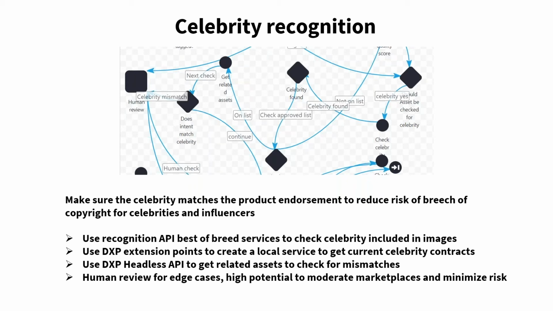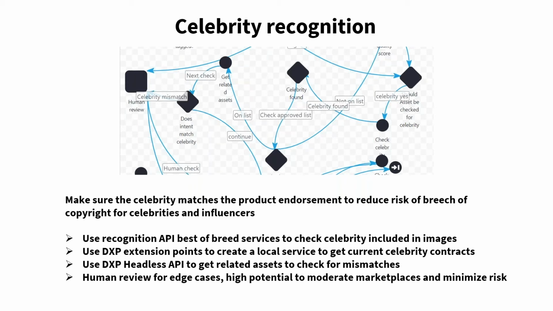Then potentially you'll have an internal service, maybe like an account system, where you store the contracts with the celebrity, with the expiry date and the start date and all the other information about the contract.